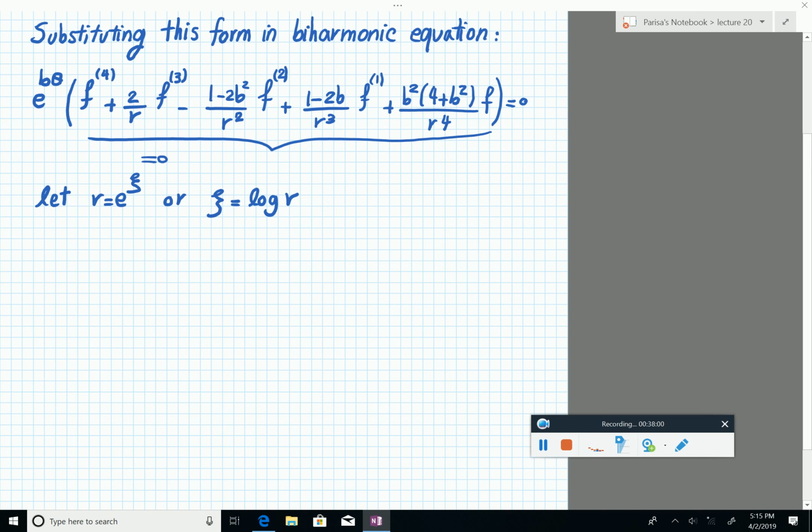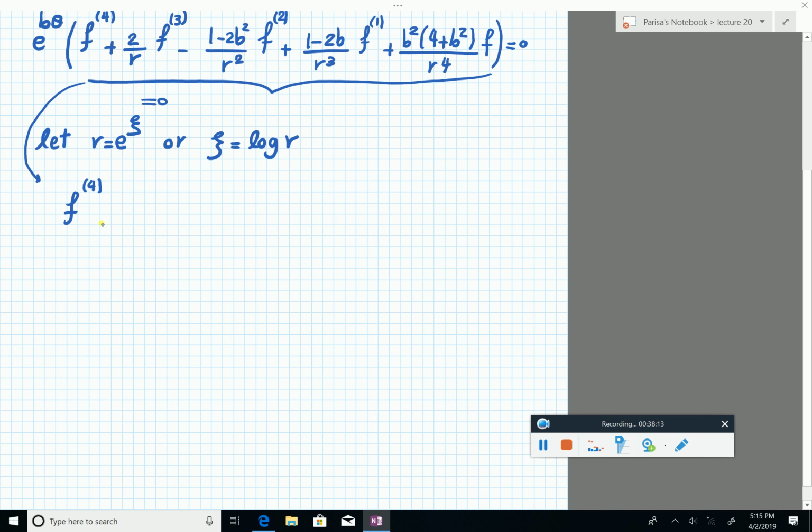So now, if we do this change of variable without walking you through the details, this equation here becomes simpler.